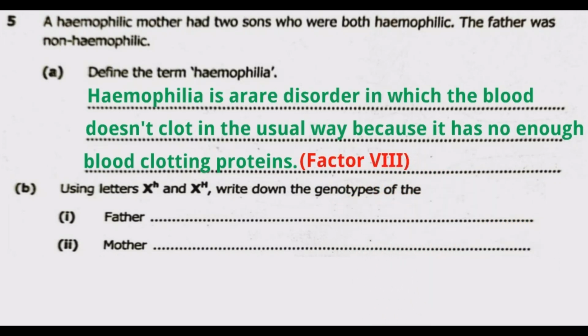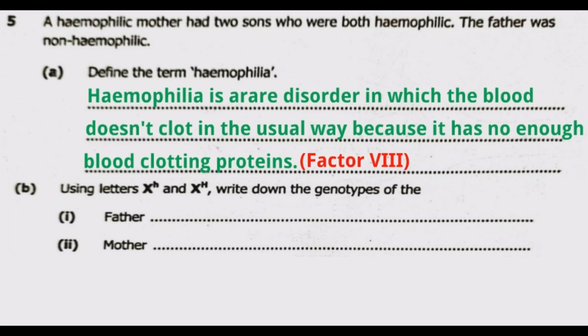So when the blood has little or no blood clotting proteins, it will have difficulties in clotting. So the mother had the problem with the blood clotting. That's how basically we can define hemophilia.